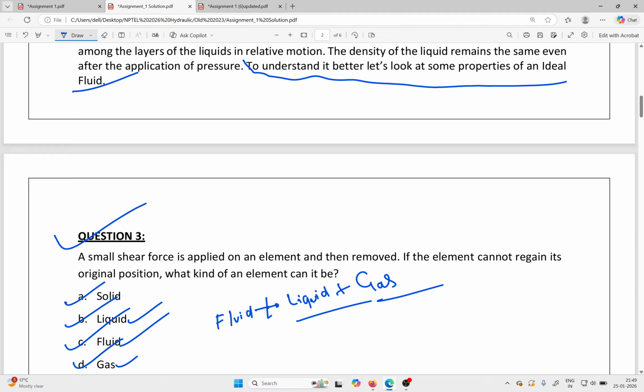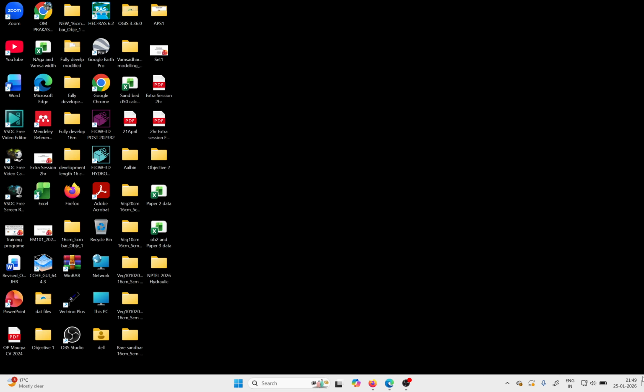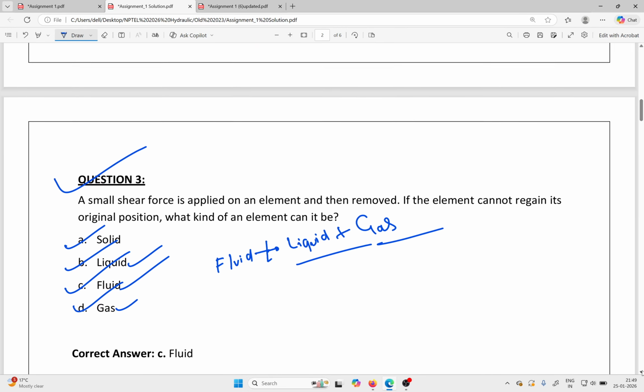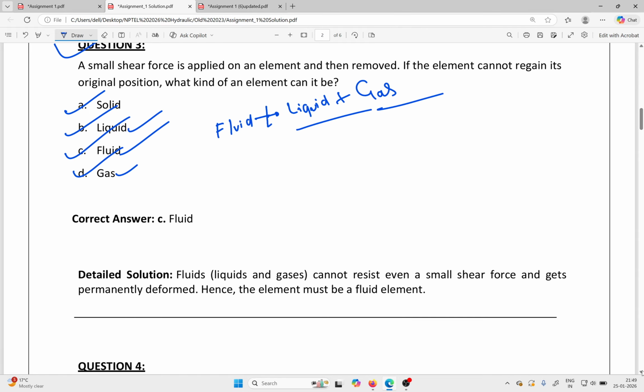He's telling about both combinedly. Okay. So now let us move on to the next question. So here you can say liquids and gases cannot resist even a small shear force and get permanently deformed. Hence, the element must be a fluid element.